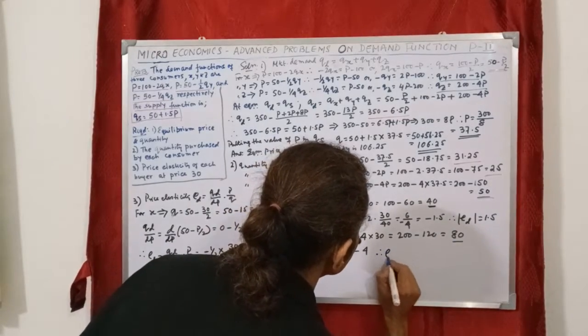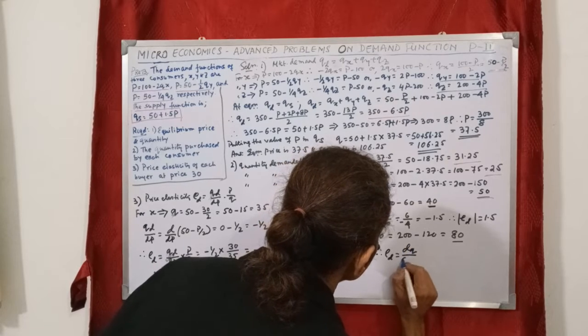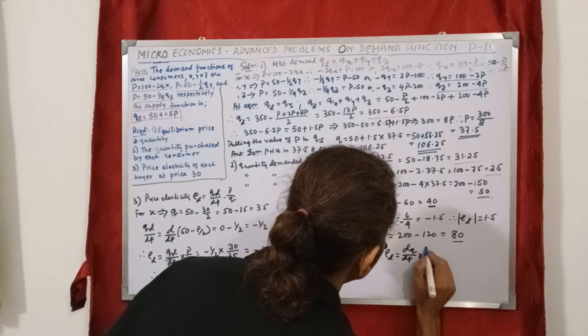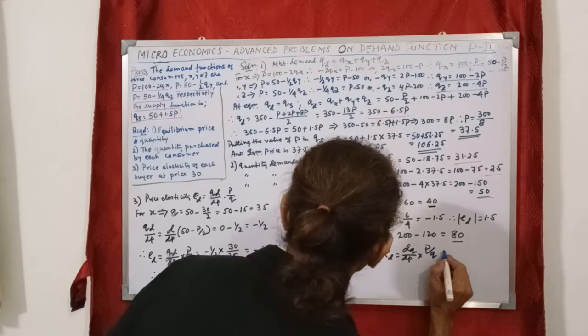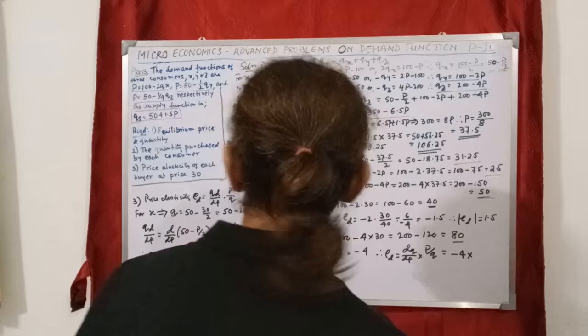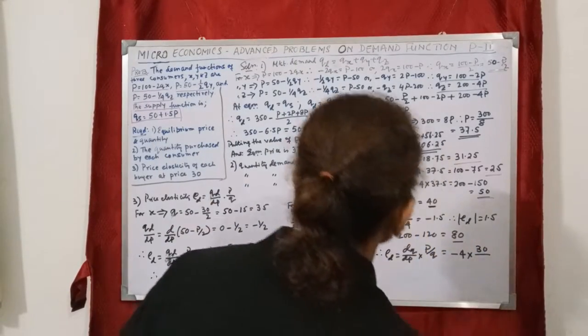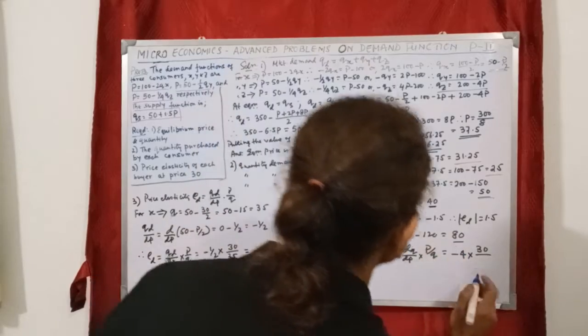Therefore, ED equals dQ/dP into P by Q, which is minus 4 into, what is P? P is 30. And what is Q? 80.